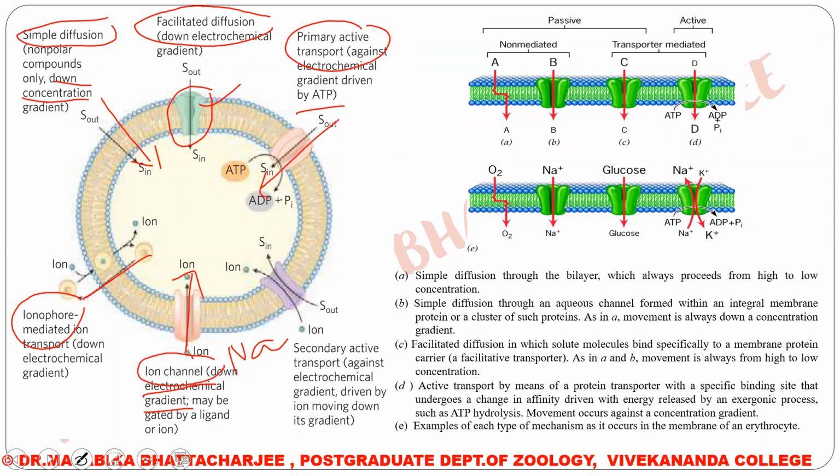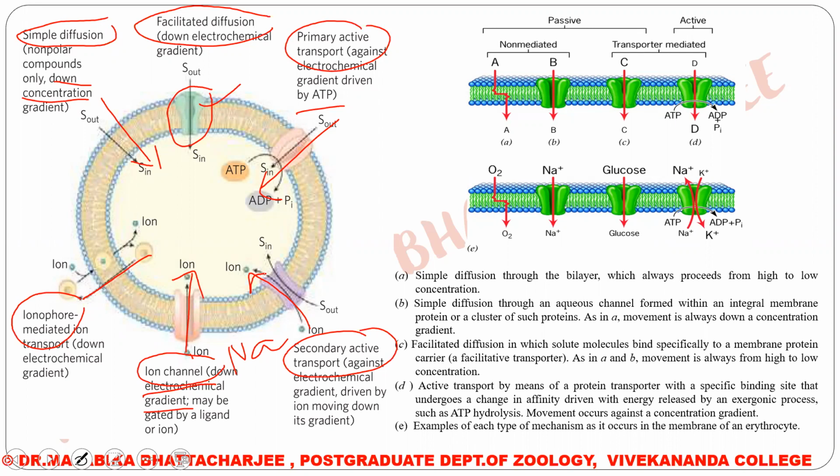The molecule is moving against its gradient, and you can see ATP is broken down. We have another concept known as secondary active transport. In secondary active transport, the movement of one molecule is actually facilitating the movement of another molecule.